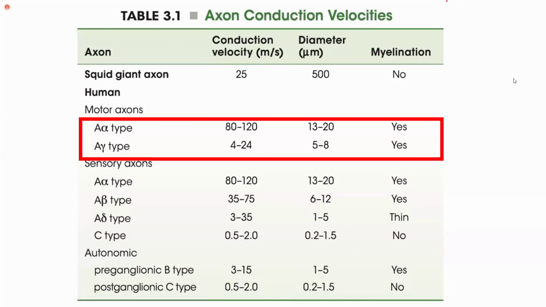Now, as you can see, the alpha motor neuron is the A alpha type, which is the biggest, and so the transmission of information is very fast, whereas the gamma has a smaller diameter, and so the transmission of information is fairly slow, but they are myelinated.